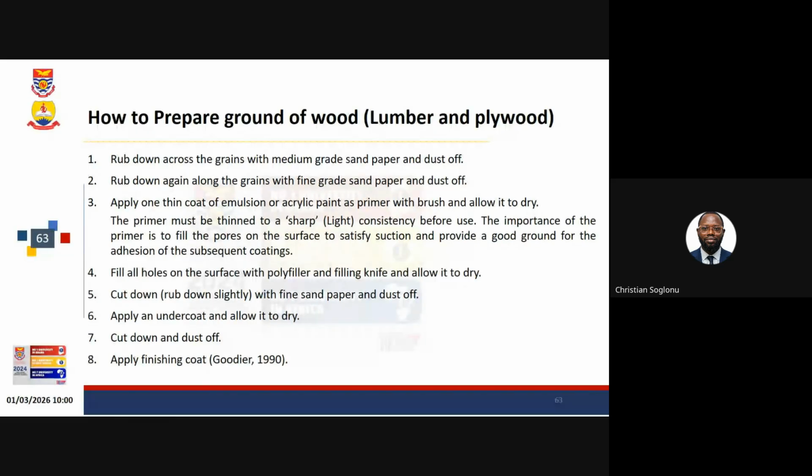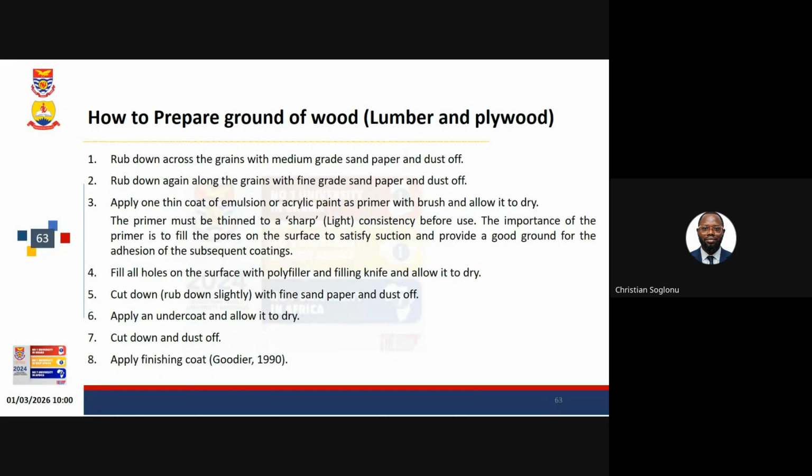So after you are done with the first priming, you now come in with your polyfiller to fill all these holes. Then you leave it to dry. The fifth point says cut down, rub slightly with fine sandpaper and dust off again.